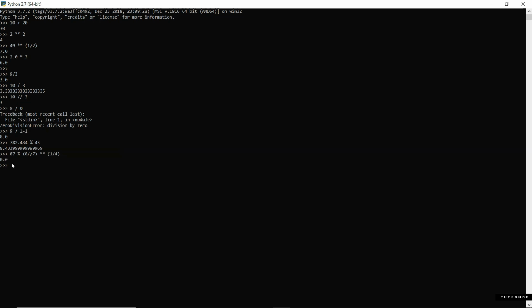Now let's check. It's 0.0. Do you know why? Did you know how it calculated this? First it calculates the ones that are in the parentheses or brackets, and then it calculates the power, and then it finds the remainder. So overall this is the answer.